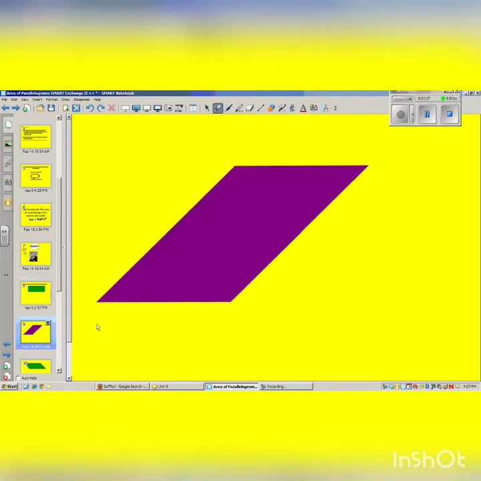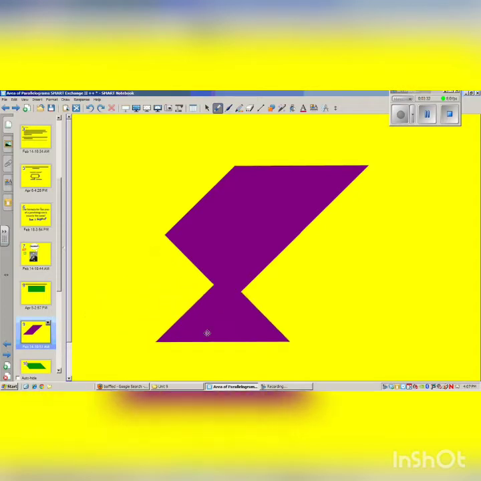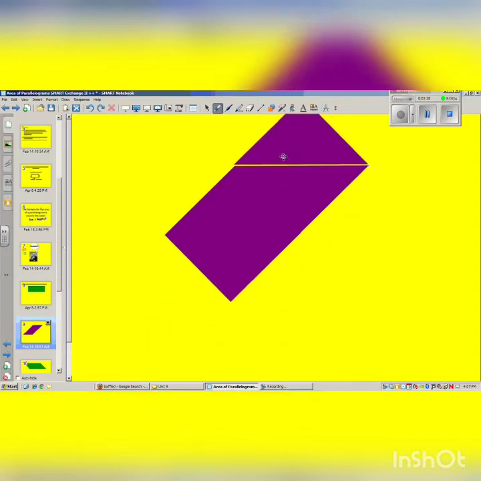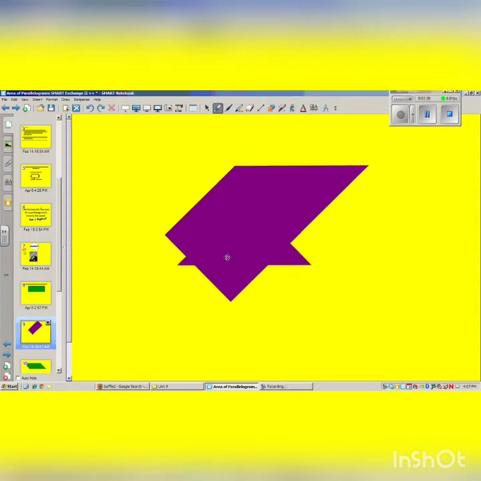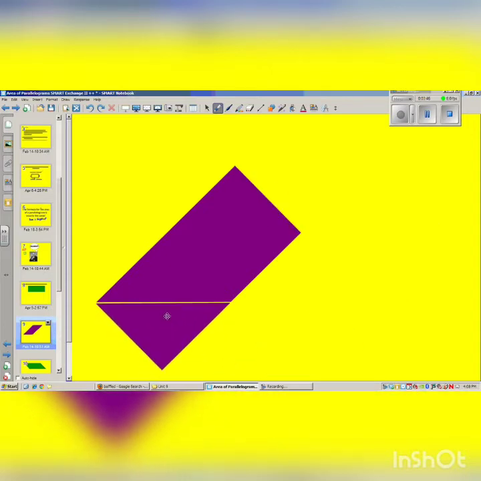Let's take a look at another one. Here's one of those funky ones that's kind of standing on end. Watch what I can do. Boom, rectangle. Oh, you want to see me go the other way? Boom, rectangle.